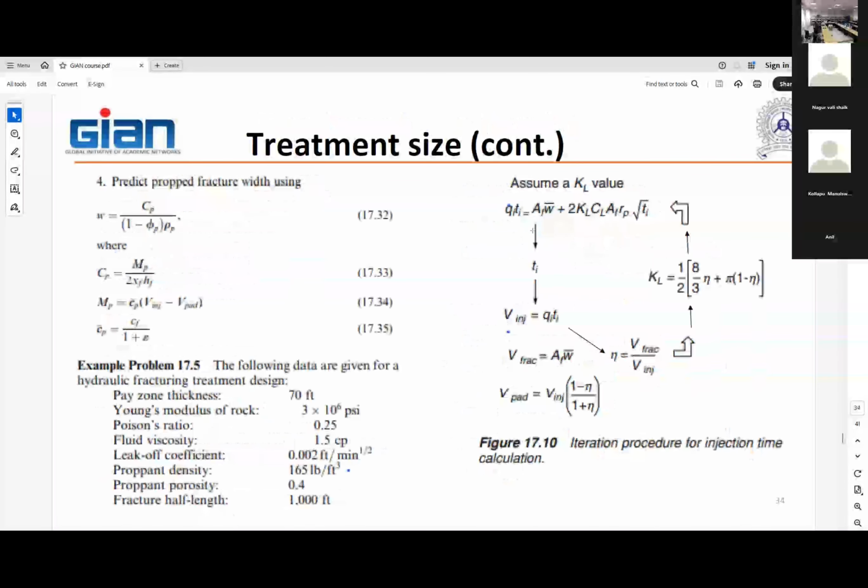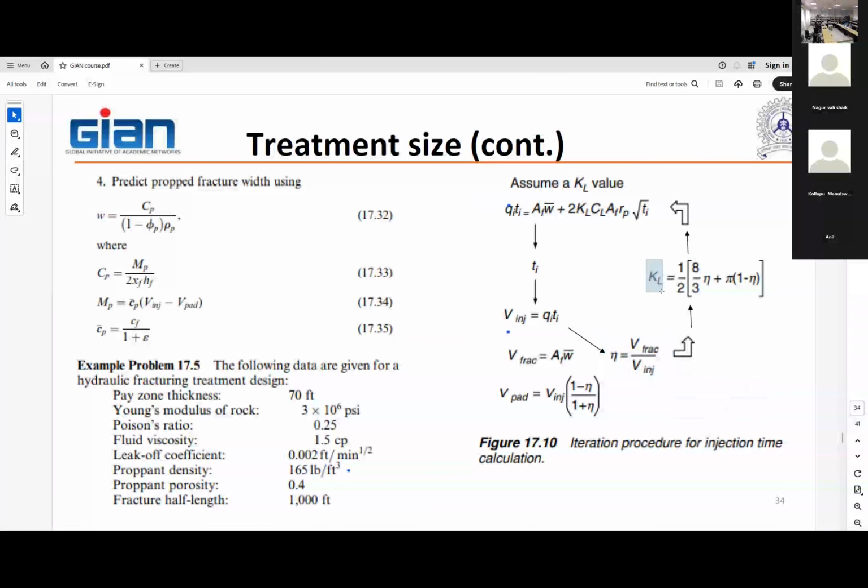Okay. So I've shown you a flow chart here. First, using this formula, calculate your T sub I, total injection time. From that, calculate your total injection volume. Once you calculate your total injection volume, calculate your V frac, the amount of fluid in the fracture, which is this one. Then calculate eta here, V frac divided by V injection.